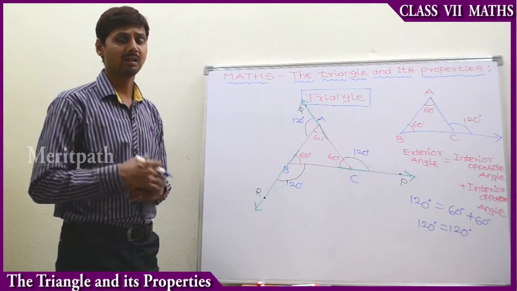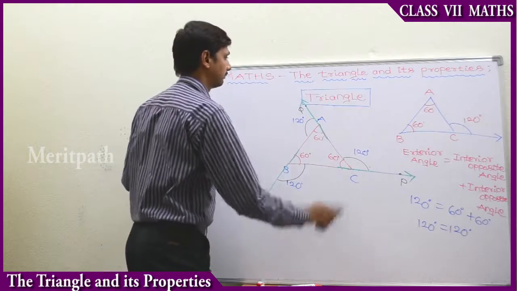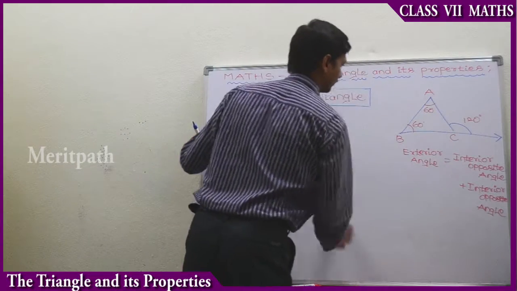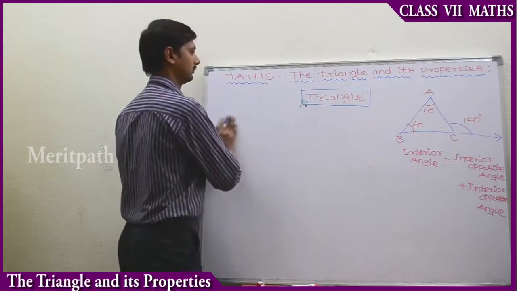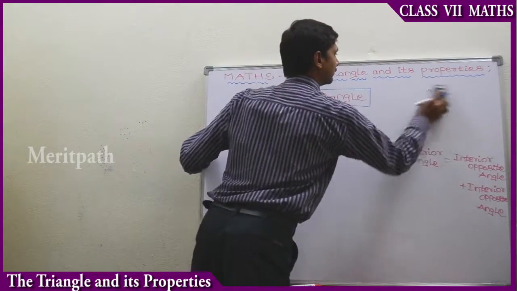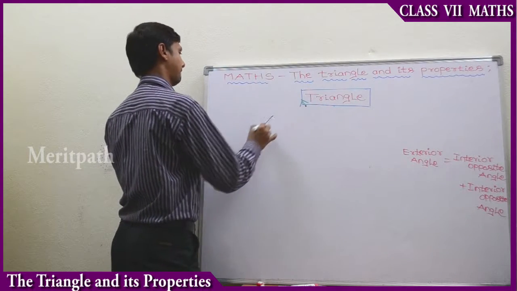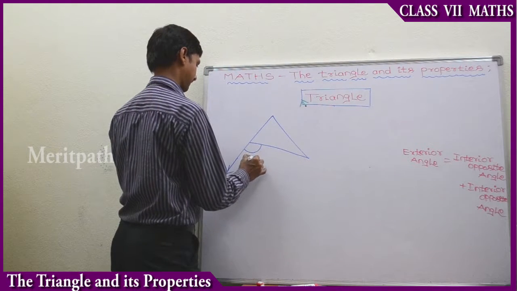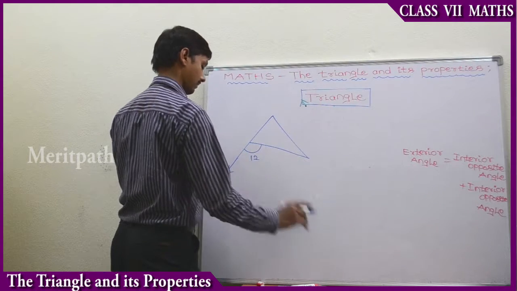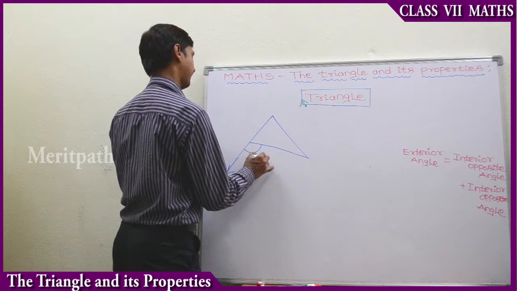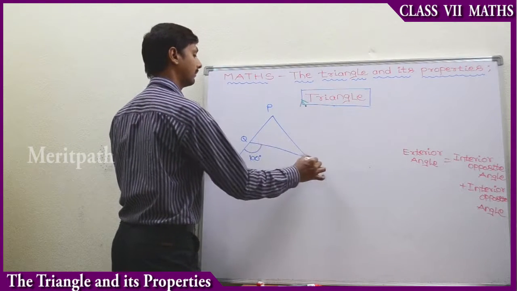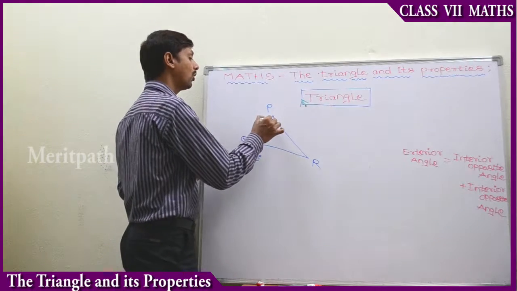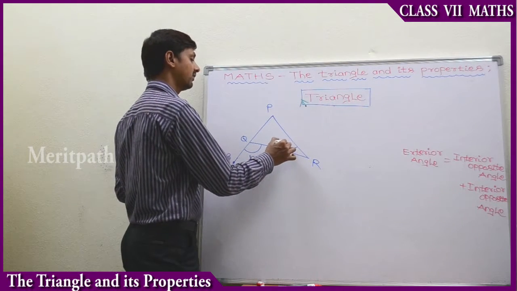Let's take another example on this concept. An exterior angle of a triangle is given, and one of the interior angles of the triangle is 50 degrees.